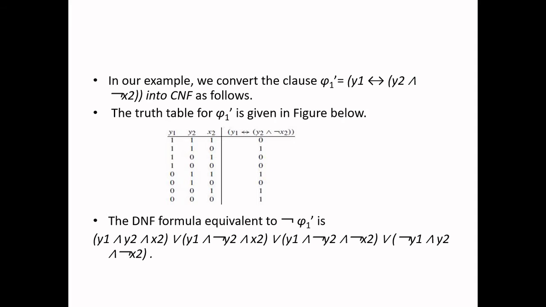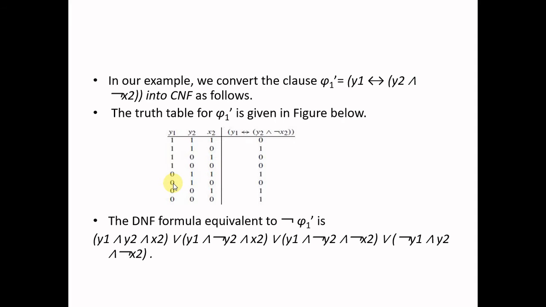That you can call negation phi 1 dash, and that is y1 and y2 and x2, or y1 and negation y2 and x2, or y1 and negation y2 and negation x2, or negation y1 and y2 and negation x2.